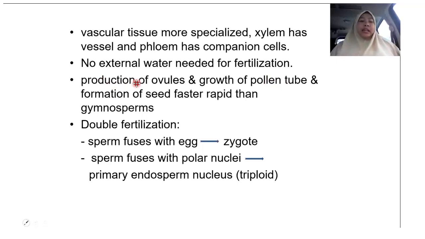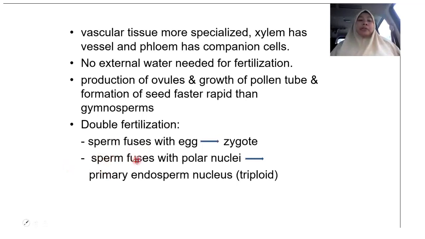The production of ovule, growth of pollen tube, and production of seeds is much faster than in gymnosperm. The sexual reproduction of flowering plants is known as double fertilization. Why double? Because they produce two sperms.